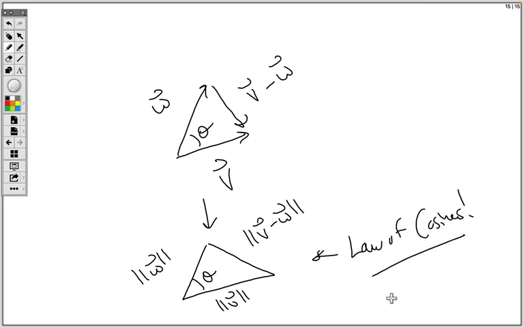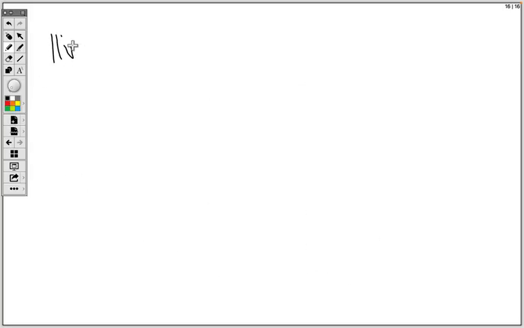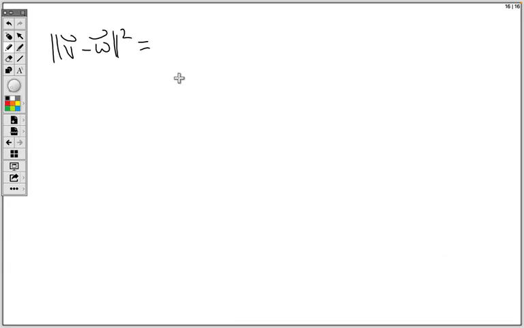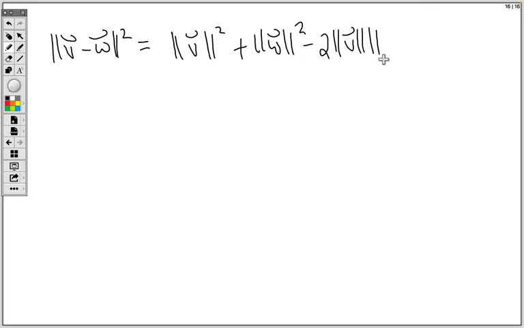So here comes the law of cosines again. So law of cosines says, if I look at the length of V minus W squared, that's the sum of the squares of the lengths of the other two sides, minus 2 times the product of the lengths of those sides times the cosine of theta. And now, I think you might see what's going on.